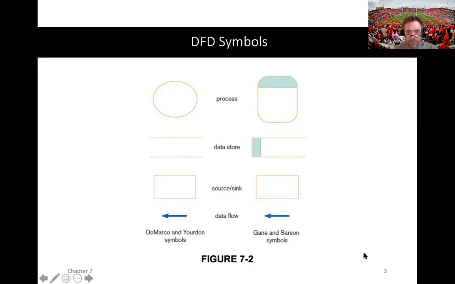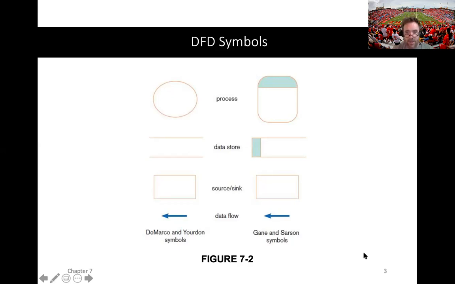We have data stores where our data is stored while it's not being moved. We have this square rectangle, the source or the sink. The source is the source of the data external to our system, and the sink is another area external to our system where our data flows to once it leaves our information system. And then we have our data flow there with our arrows.